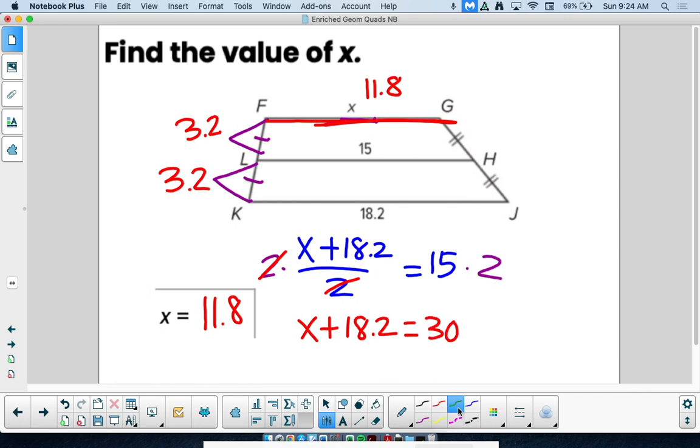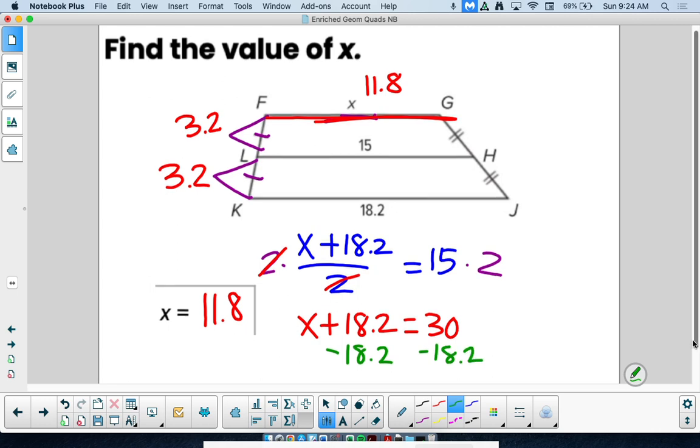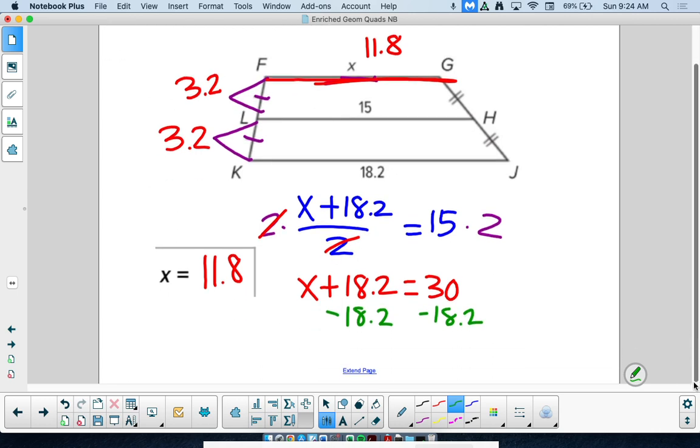How do you get x alone? Subtract over that 18.2. And you should be getting 11.8, right, when you subtract over, which is what we wanted. So that's what we got the other time. So either version works. You will probably have to rely on this algebraic version at some point in your assignment because there's variables thrown in there, but you guys are smart. You will figure it out just fine.